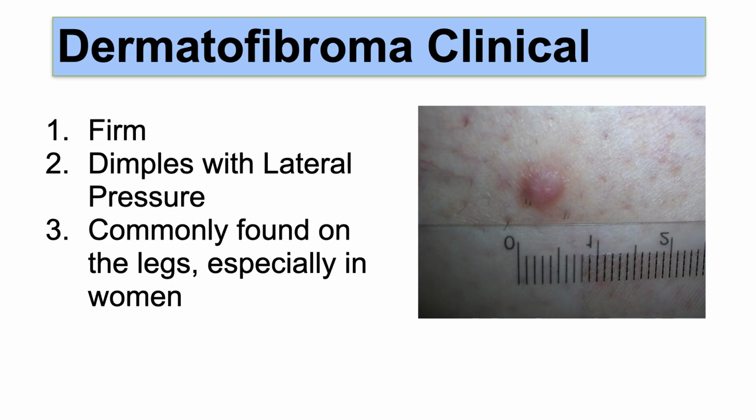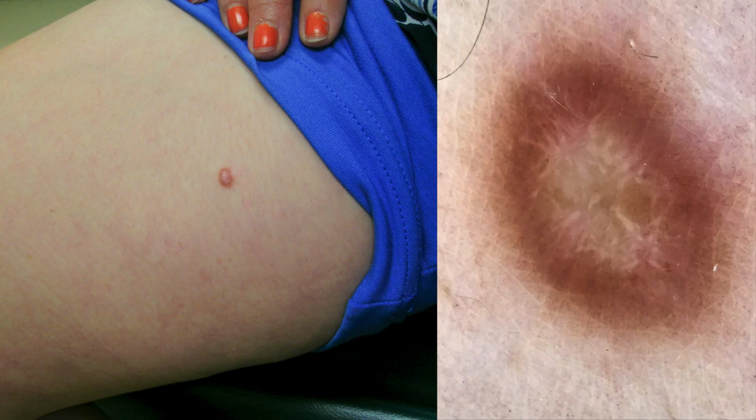That, of course, is a dermatofibroma. Looking at some more examples, here's a dermatofibroma on the thigh with this fine reticular network and the central scarring, sometimes with white lines.